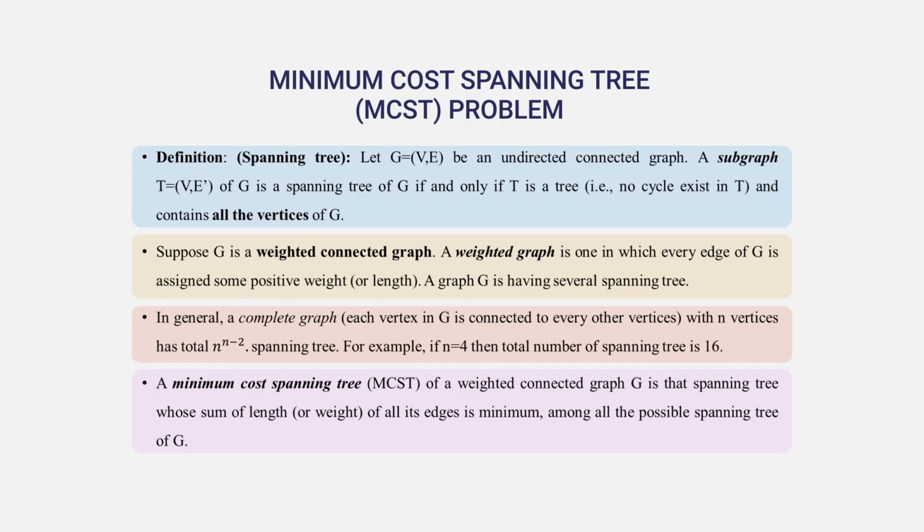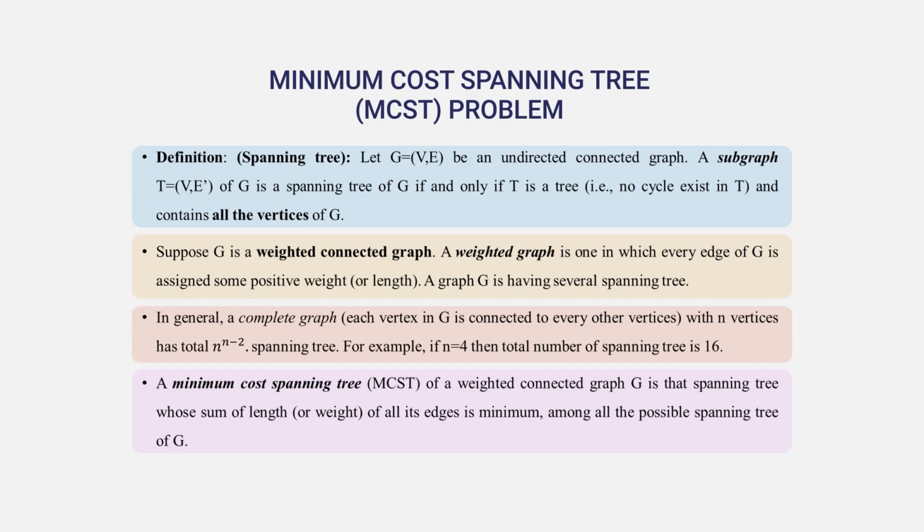There can be many spanning trees that satisfy the condition, but there will be only one minimum cost spanning tree. What do I mean by this? In general, a complete graph with n vertices has a total of n raised to the power n minus 2 spanning trees.